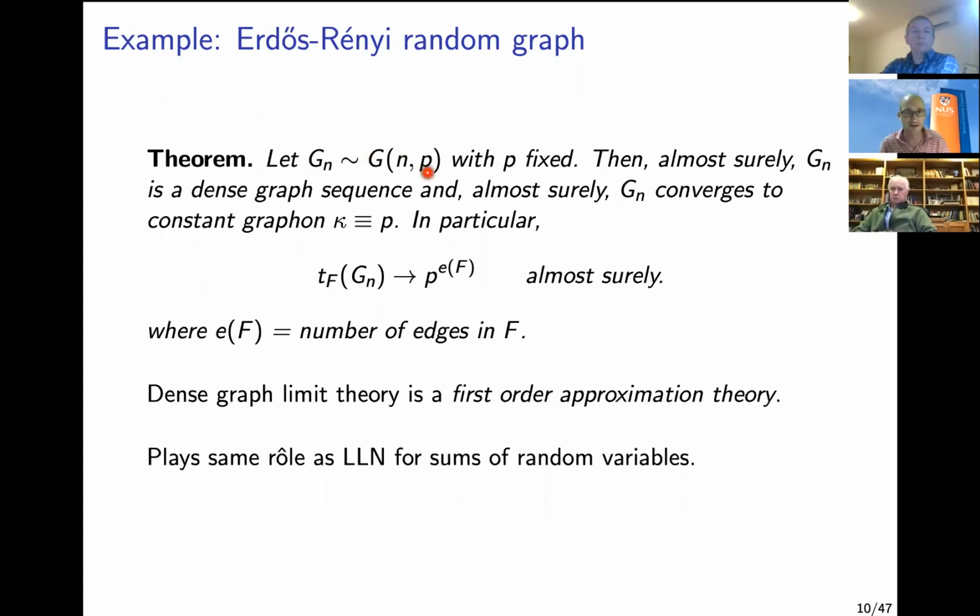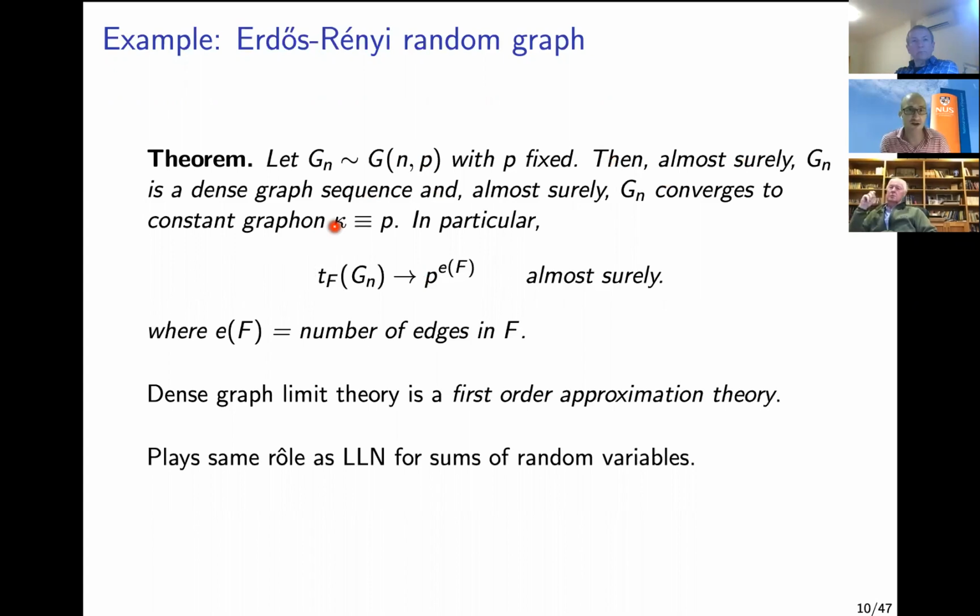That means n vertices, and all the edges are independent, present with probability p and not present with probability 1 minus p. Then that'll give you almost surely a dense graph sequence. So now, again, we are in a probability space, so these convergences now turn into almost sure convergence, and almost surely these random quantities now converge to these quantities over here, which are now deterministic.